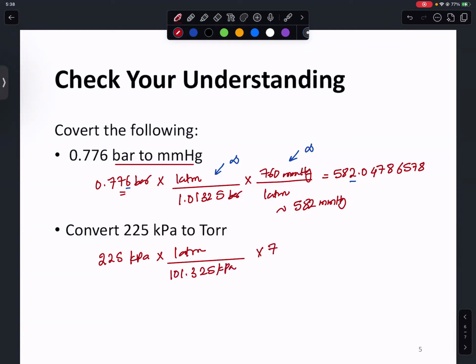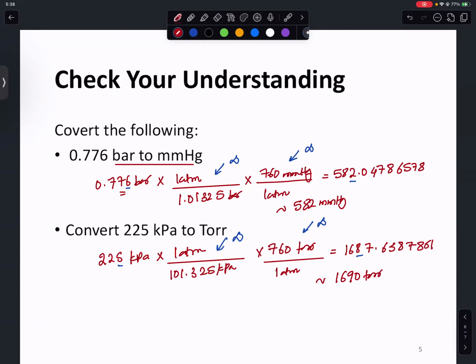And in this case, I'm going to convert now to torr. 760 torr in 1 atmosphere, and this gives me 168.6387861. And let's look at the sig figs. This is 3 sig figs. Here is infinite. Here is infinite. So in this case, let's round this up to 1690 torr.